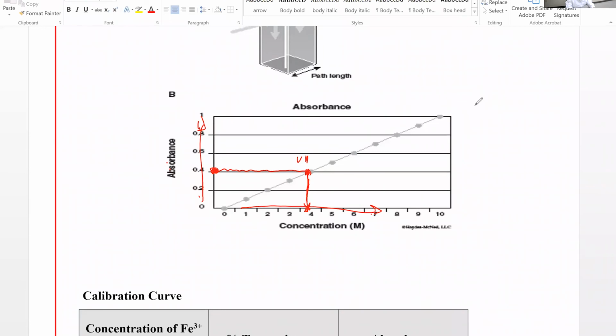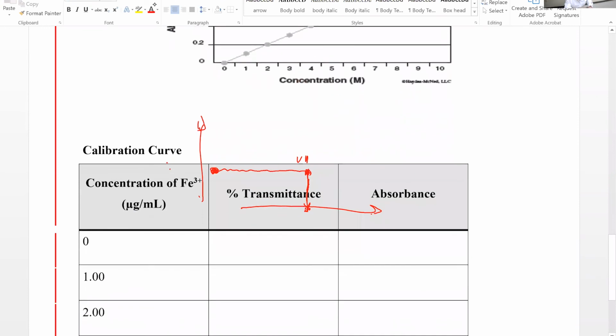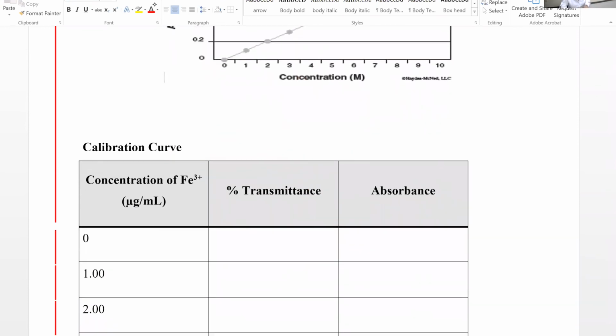First, we are going to test with the known solutions, find the value for percent transmittance, calculate absorbance, plot the graph, and generate this standard curve. From the standard curve, we use our unknown and find the concentration based on its absorbance.